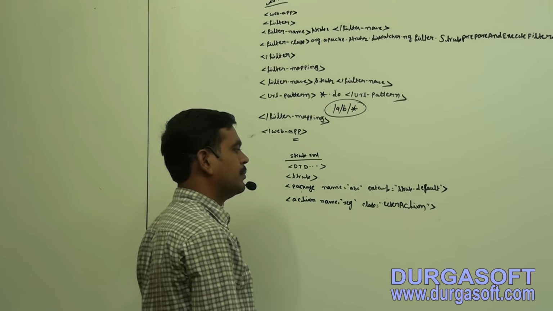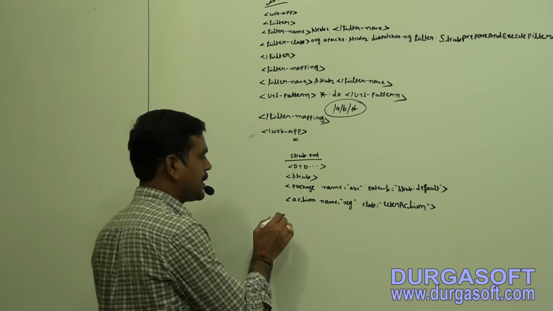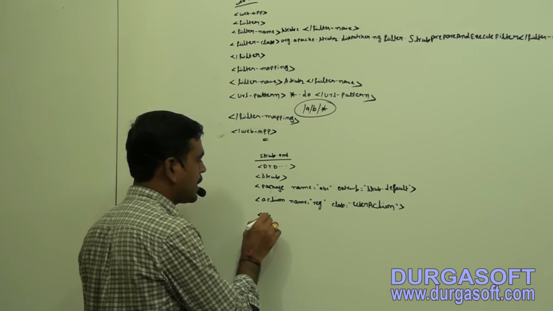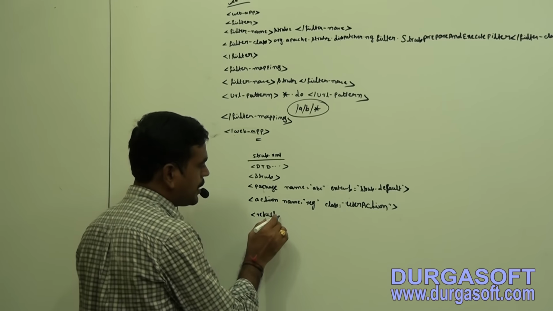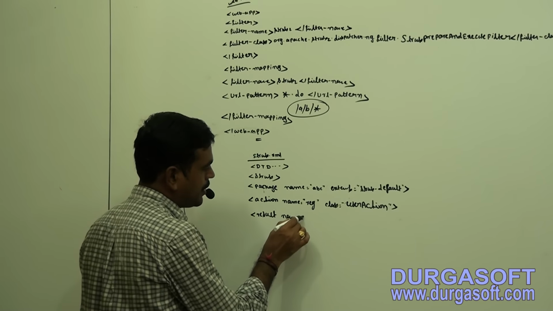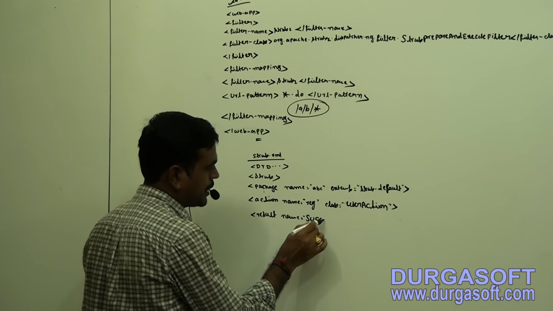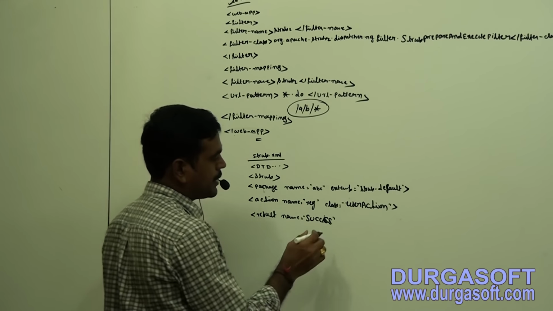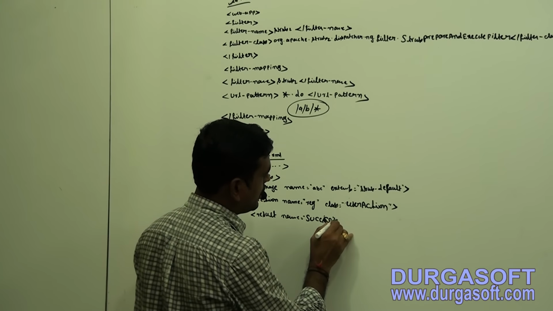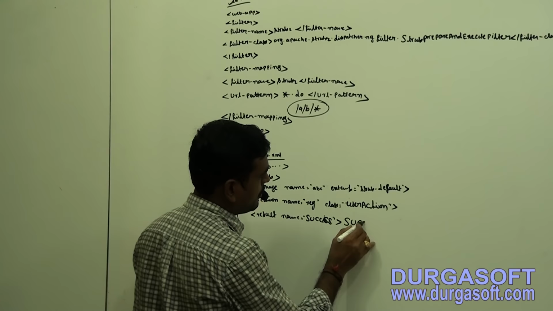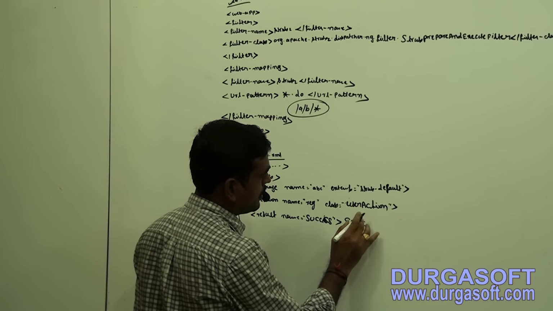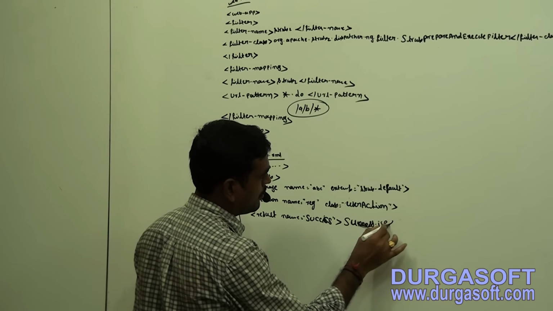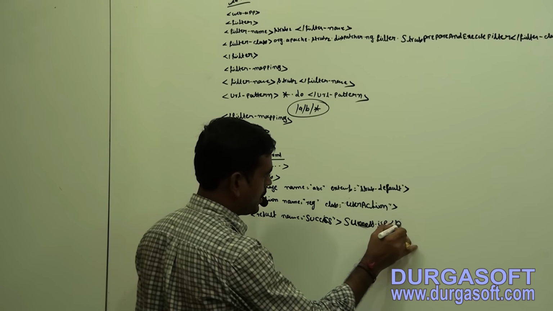Then next, result; in 1.x we take forward, but here we take result name is equal to success, and here success.jsp. Close the result.